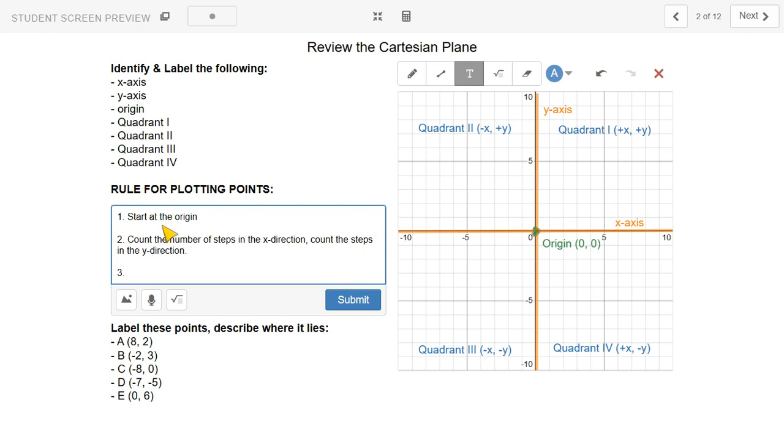Finally, where you land, you're going to place a dot. And that is where your point is going to be.